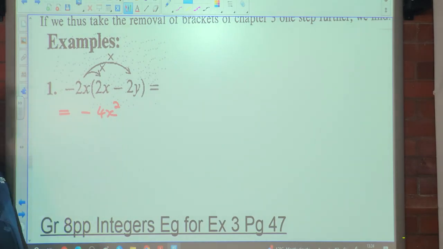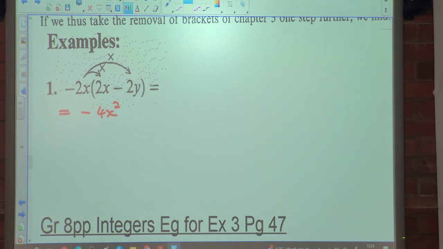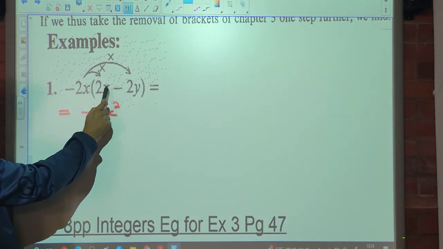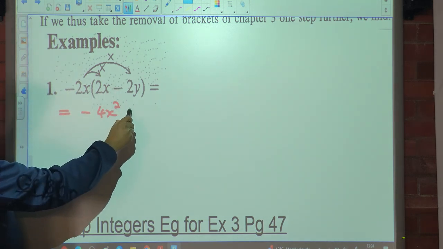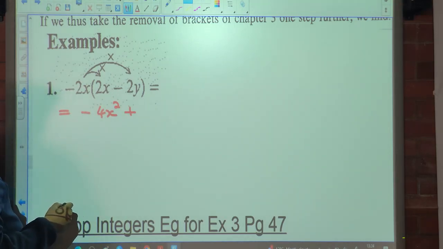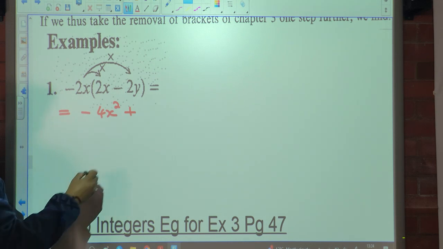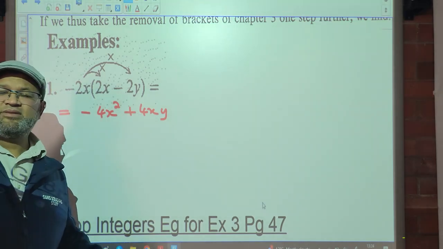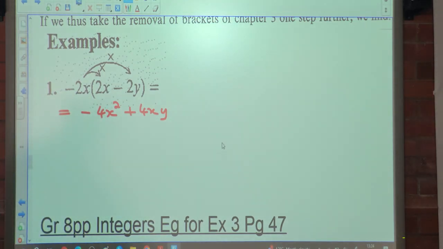X times x is x squared. You all agree with that? What's negative times negative? Positive. 2x times 2y. 4xy. Any confusion there?